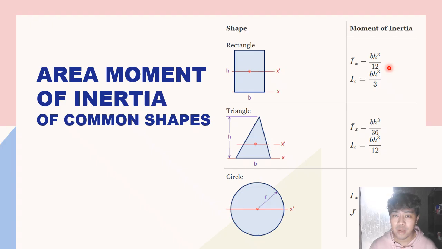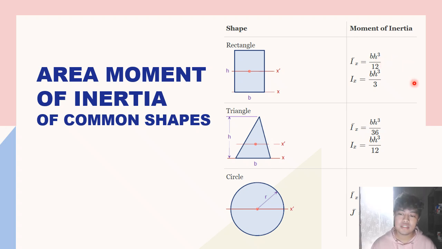If we compute for Iy, the base and the height are going to be interchanged. So basically, this will be b cubed h over 12.